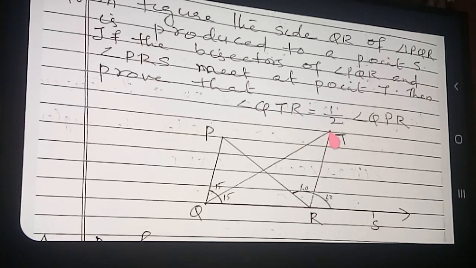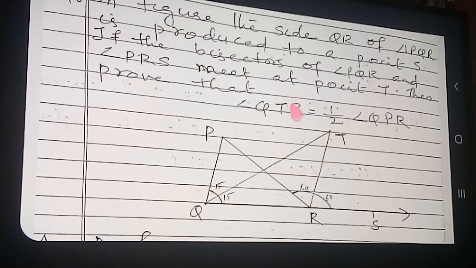RT is the bisector of angle PRS. I will explain very slowly. QT is the bisector of which angle? PQR. And RT is the bisector of which angle? PRS. Both meet at the point T. That is what is written here. Clear? Then prove that angle QTR is equal to half angle QPR.